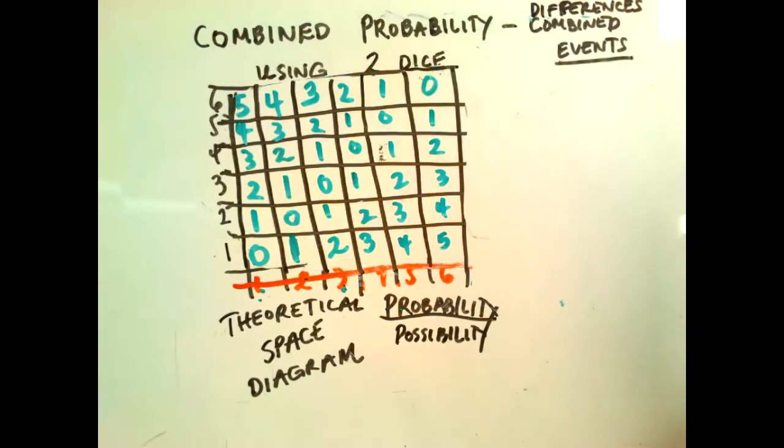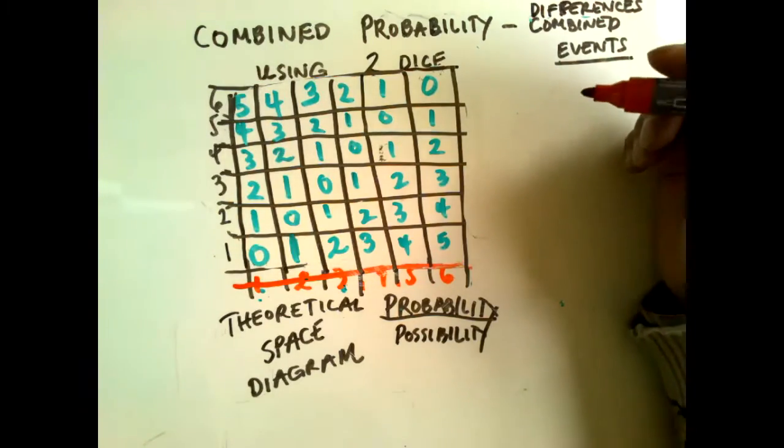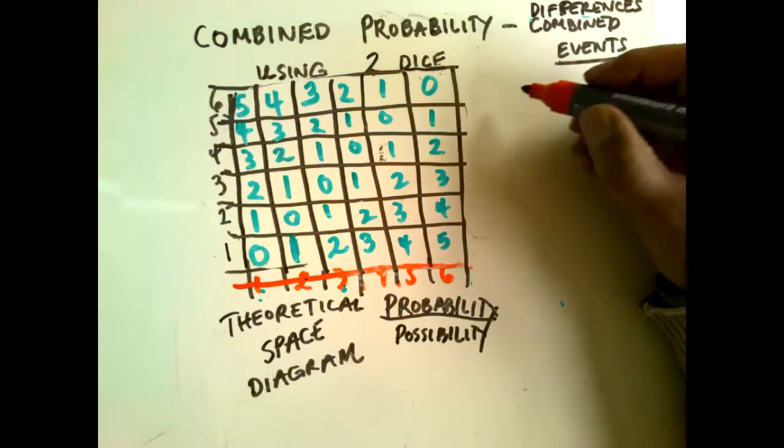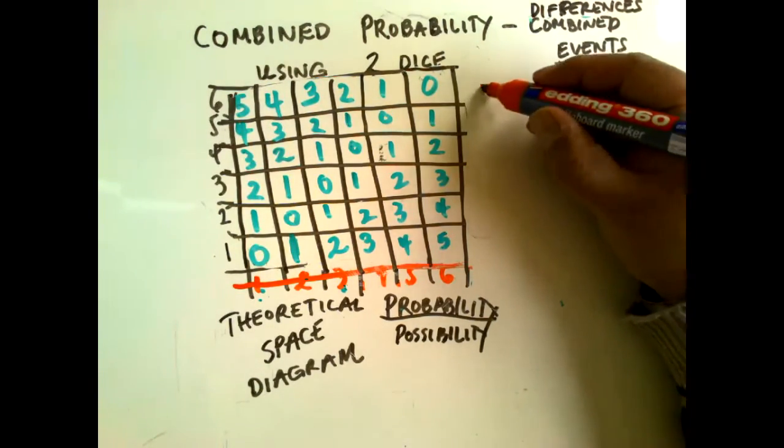Now, let's go through a few questions and how does it work when you do it. So we could say, what's the probability that the difference is 1?